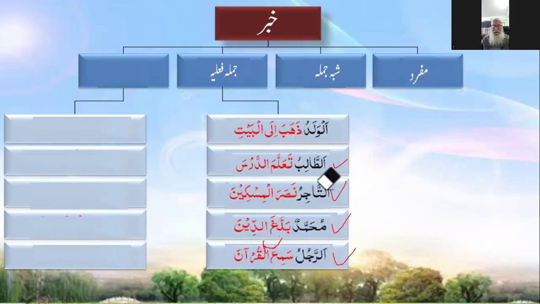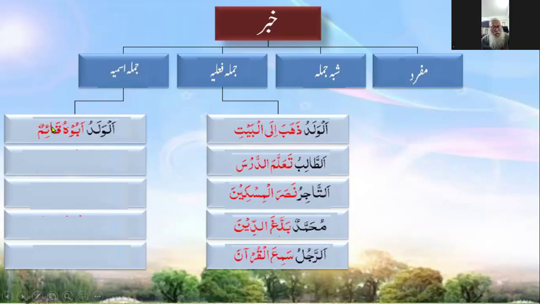In case of jumla ismiya, look, al-waladu is the mubtada. Abuhu qaimun. Abu is an ism, who is the zamir? Qaimun is the khabar.